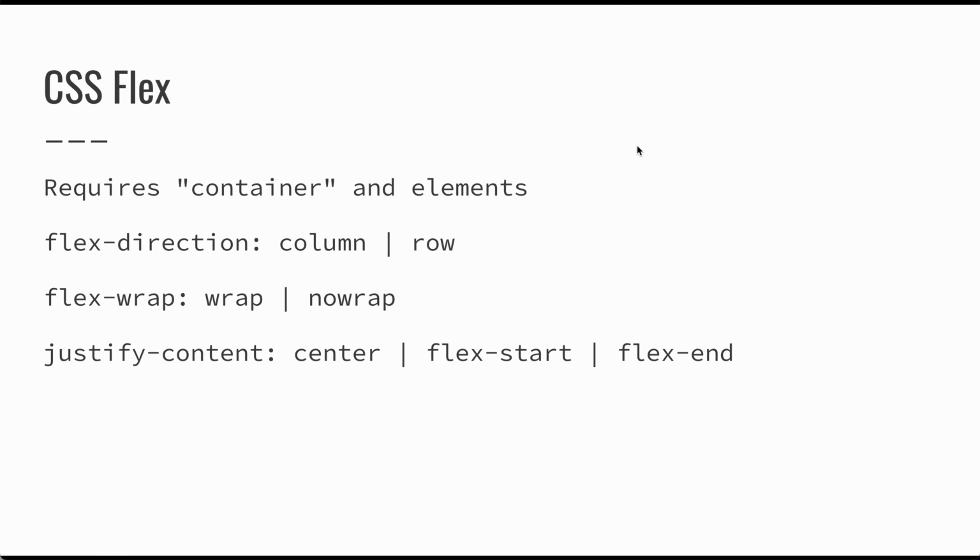CSS Flex allows you to create containers that will be a little bit more responsive in the way that your HTML is presented. You can set Flex to be either columns or rows, and this will allow you to lay out elements in the column or row appropriately, and you can use flex wrap and justify content. We'll get into some examples later on.